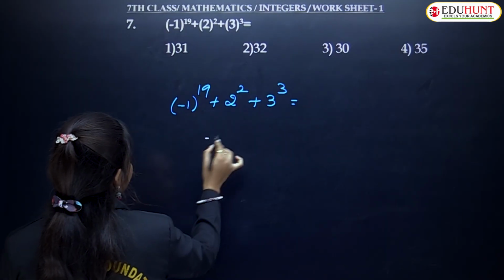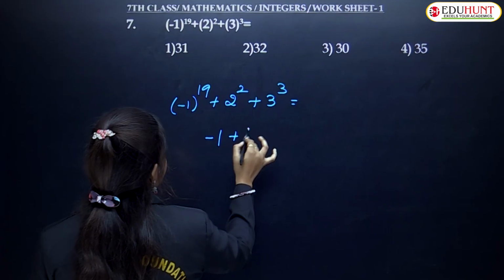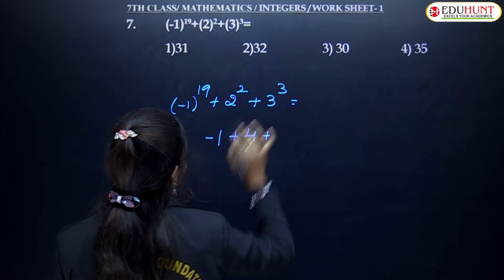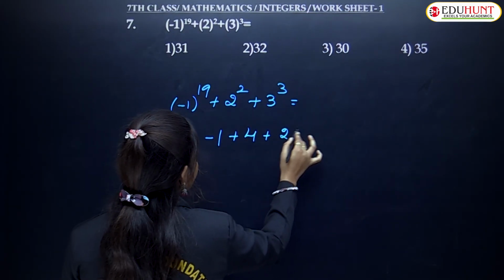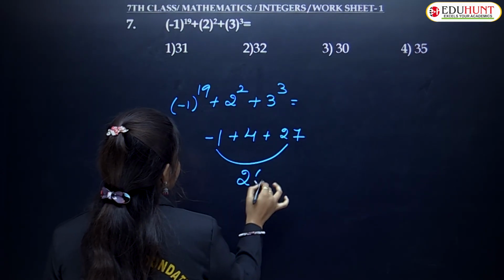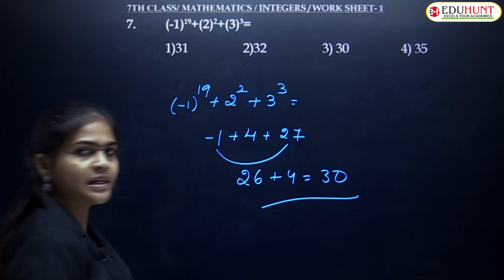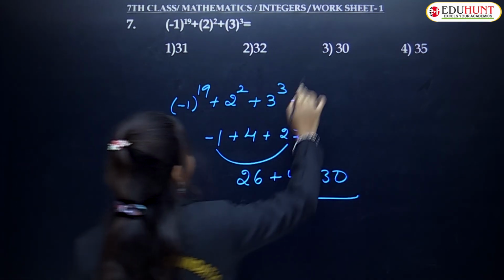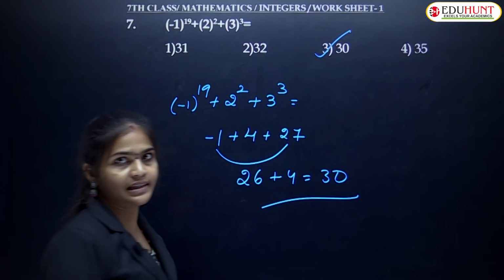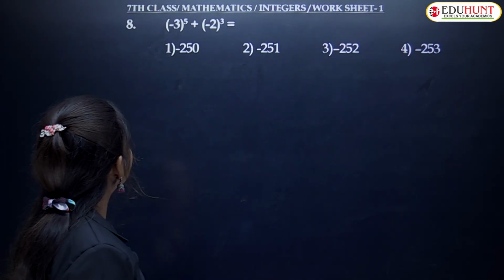Minus 1 power 19, so that is again minus 1, plus 2 square is 4, plus 3 cube, 3 3s are 9, 9 3s are 27. 27 minus 1, 26, plus 4, 30. Which option is correct here? Yes, option 3 is correct, that is 30. Understand? Yes.